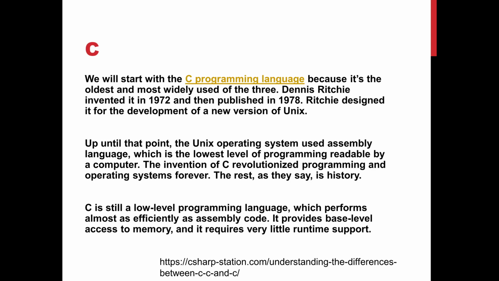Those languages have C-like syntax, with curly braces and semicolons, and that's what you're going to see with C#. C is still a low-level programming language which performs almost as efficiently as assembly code.